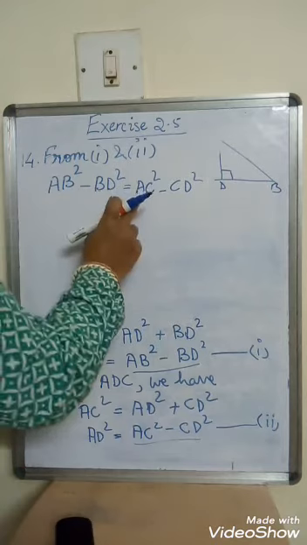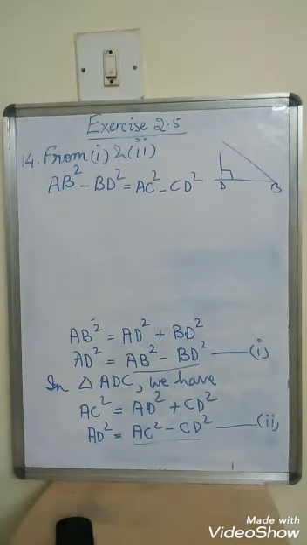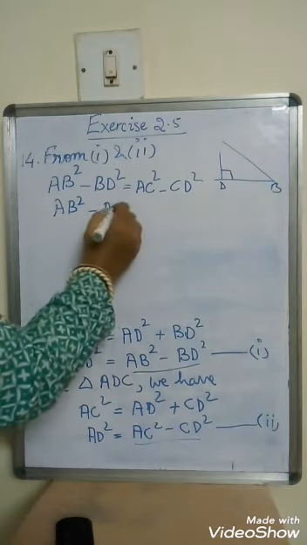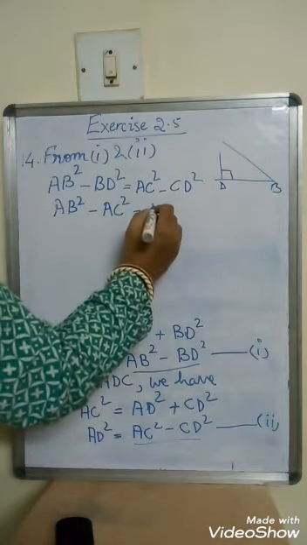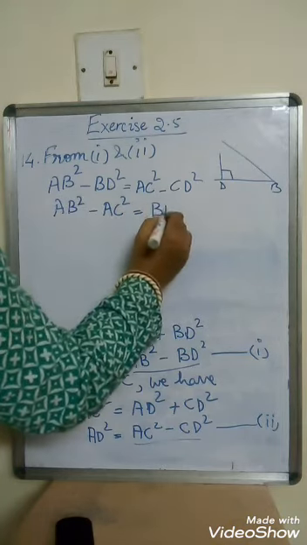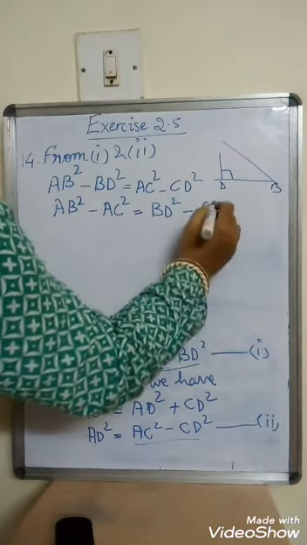Now I bring AB square and AC square together, and BD square minus CD square.